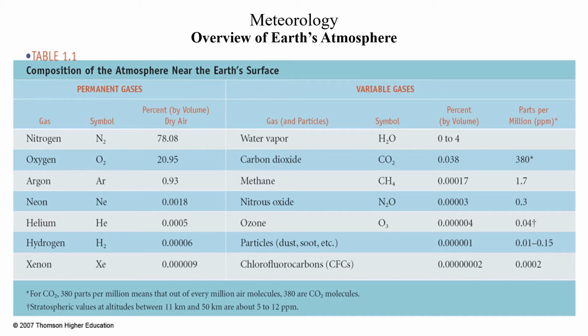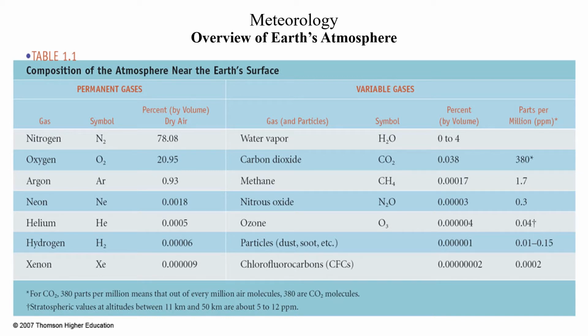The remaining 1% of the atmosphere's volume consists mostly of inert gases, including the permanent gas we are talking about. These three principal atmospheric gases, nitrogen, oxygen, and argon, have minimal effect on the weather and climate, and therefore we do not need further consideration of them regarding the weather.